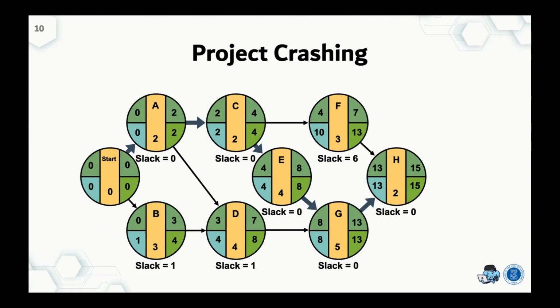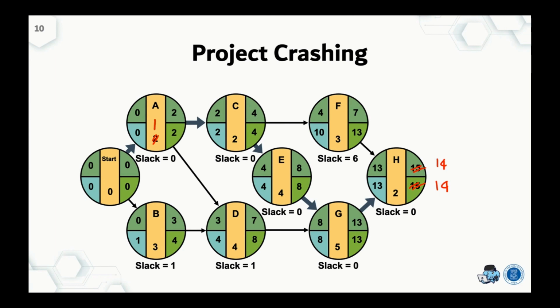When we crash activity A by 1 week, from 2 to 1, the total completion time is no longer 15 but becomes 14. Please note that when we crash the project, a new critical path might appear.